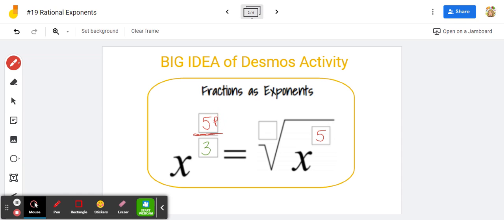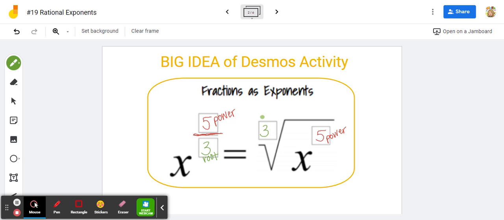This is what we call the power on the base. And that power goes inside with the base of x. What you noticed about the bottom number is that it goes on the outside of the root symbol, and hence why we call this the root. It tells us what kind of root this is equivalent to. So this is what we call a cube root of x to the 5th power.